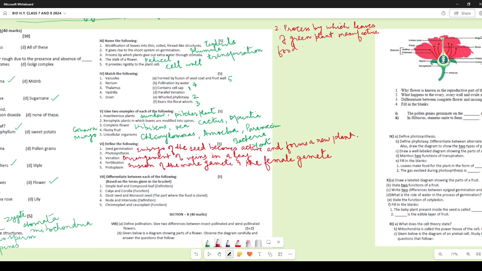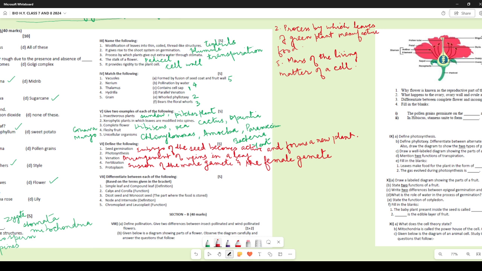How do you define protoplasm? The protoplasm is the mass of living matter of cell. So all the living matter that is present in a cell, that entire mass is termed as protoplasm.